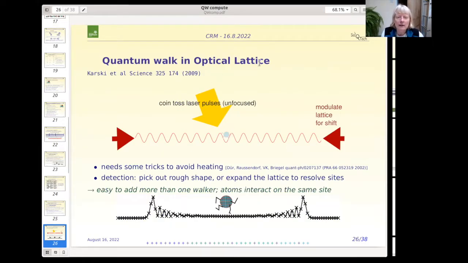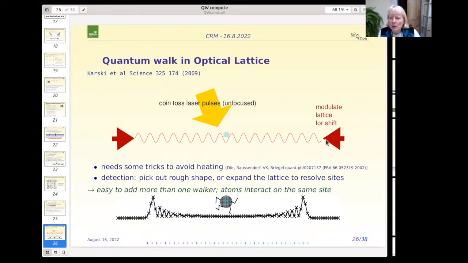So here's the simple explanation of quantum walk in an optical lattice. What we've got is 2 laser beams that are shining into each other, and what you get is a standing wave. So it's got peaks and troughs, bright and dark patches, and the atoms are then attracted to one or the other, because the potential is different whether they're in the bright patches or in the dark patches.